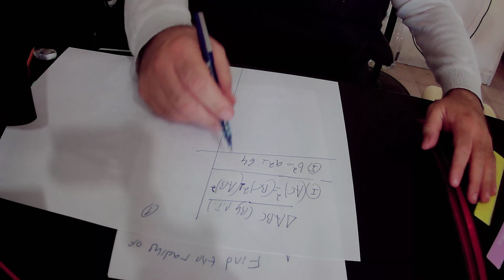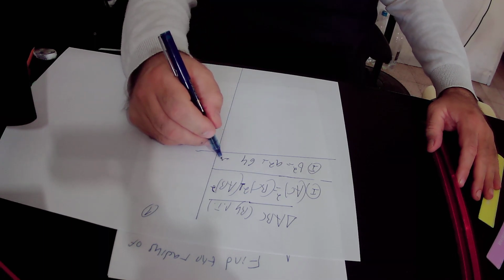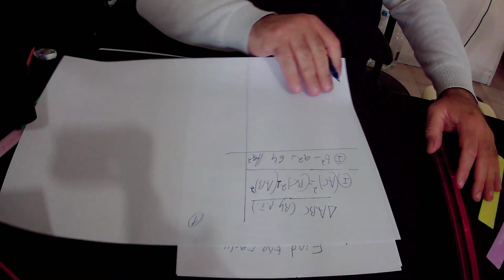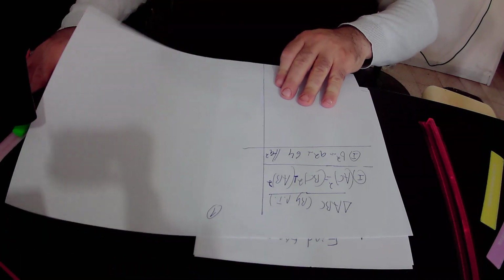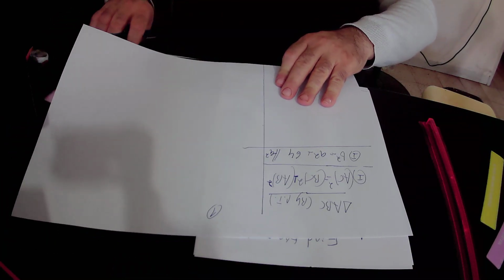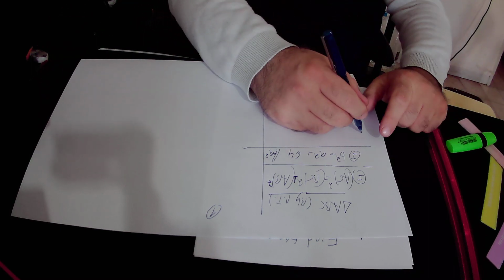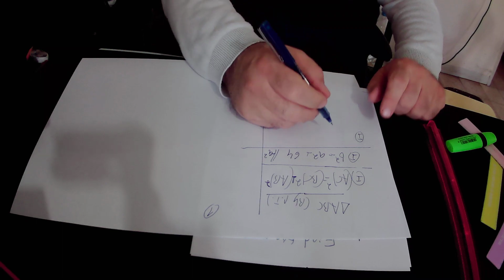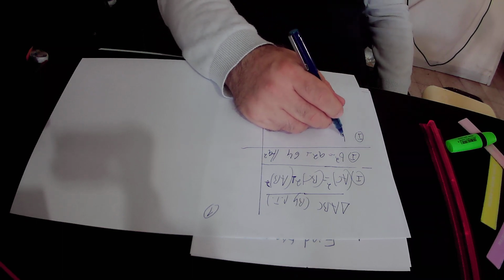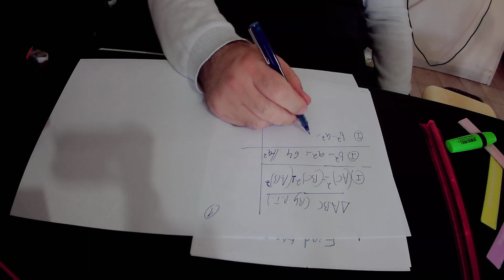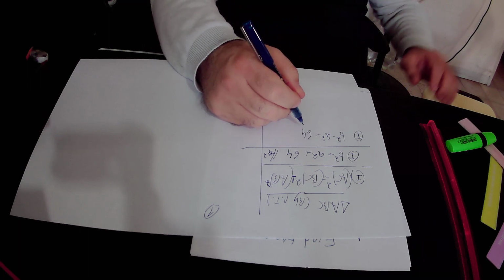Here we subtract A squared from this equation, and we get, according to equation number 1, B squared minus A squared equals 64.